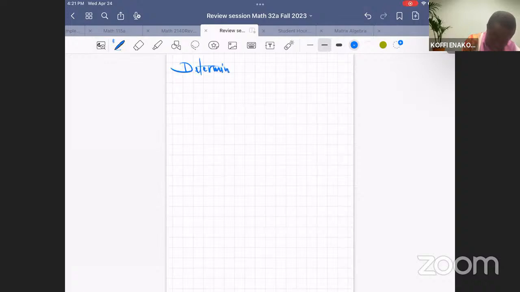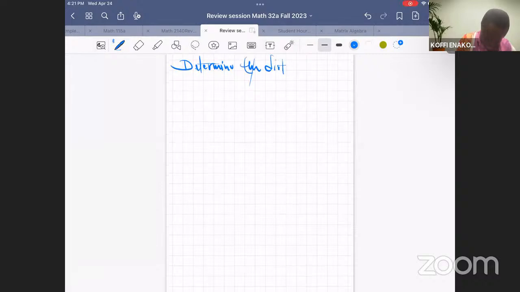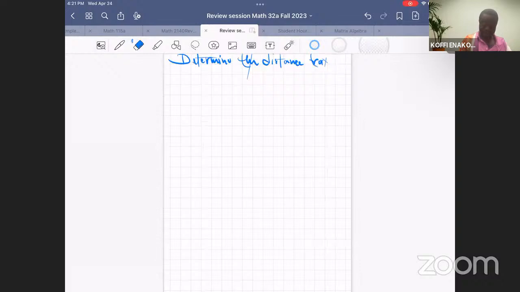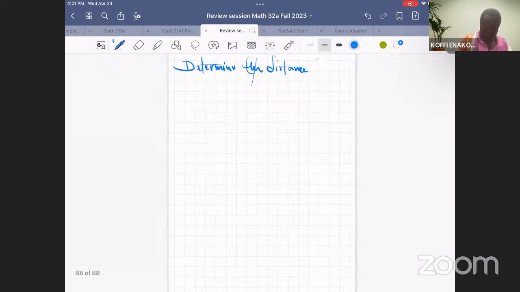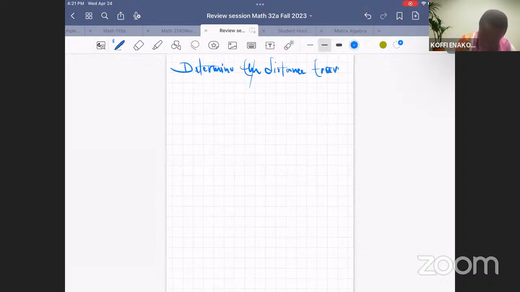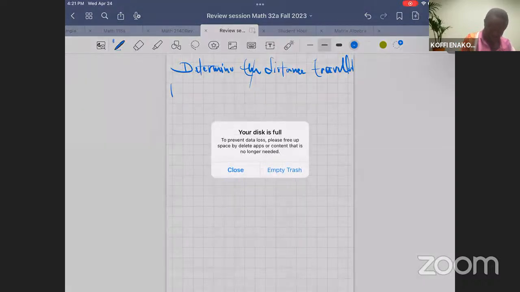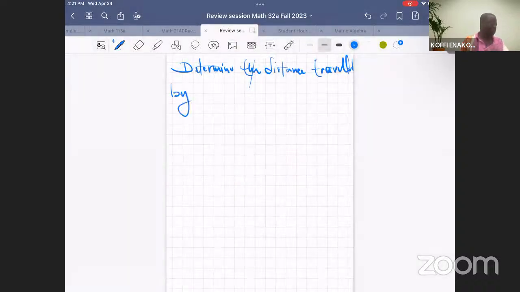Determine the distance traveled, the distance the particle travels.